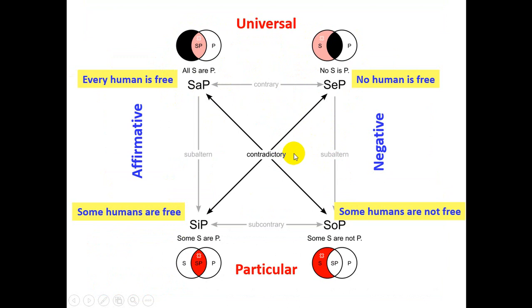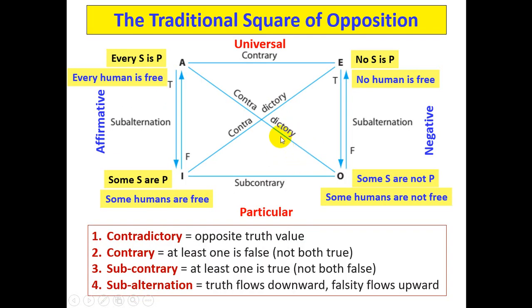But what are the relations here? Look again. Between A and O, there is some kind of contradiction. And between I and E, there is some kind of contradiction. So the relationship between A and O is contradiction. Between E and I is contradiction. Then what is the relation between A and E? The relation between A and E is contrary, or contrariety.